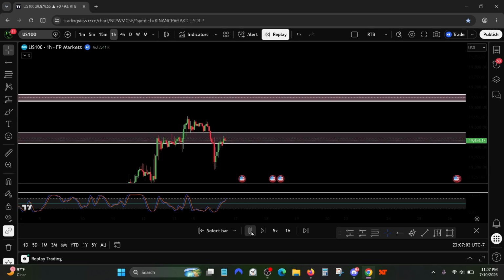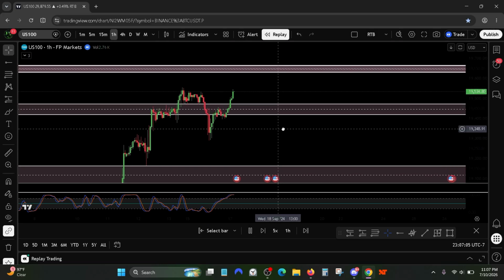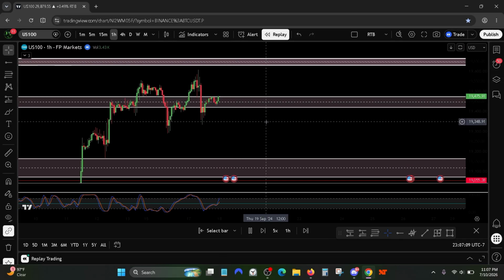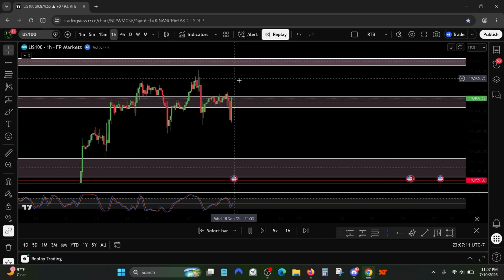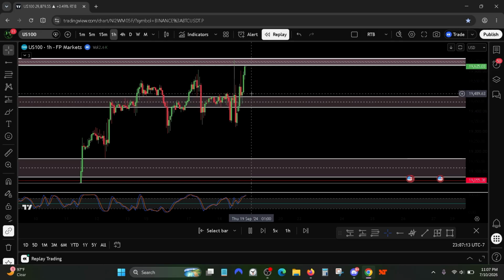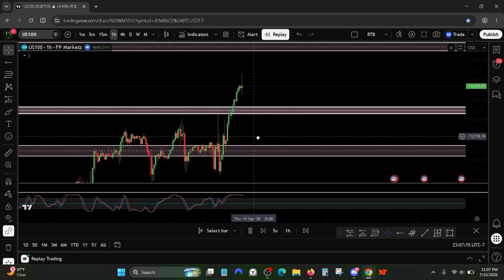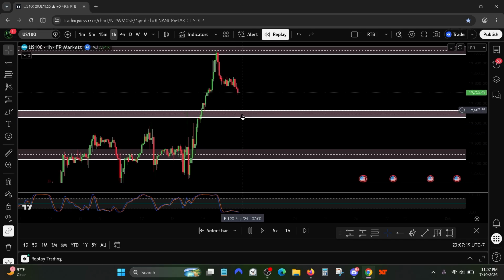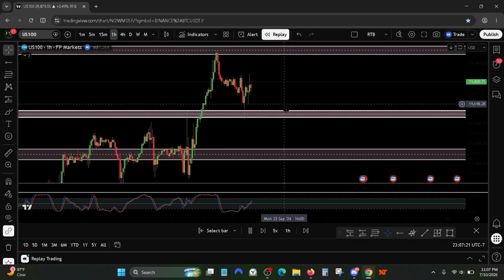Okay, so let's play this up above here. Now, if it breaks above this level, I can go for this again. Whoa, spicy reaction. Now I might try to go for this for a bounce. Oh, look at that.